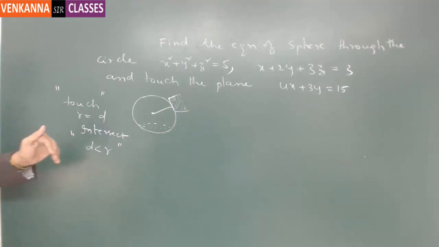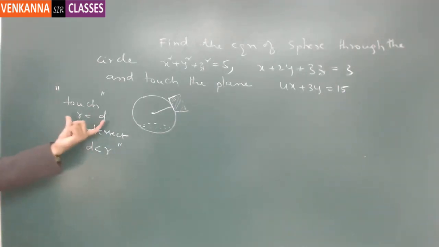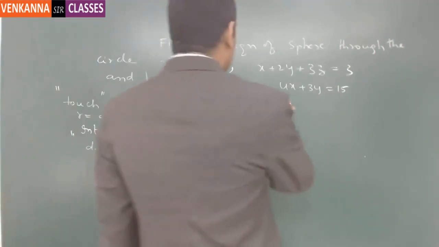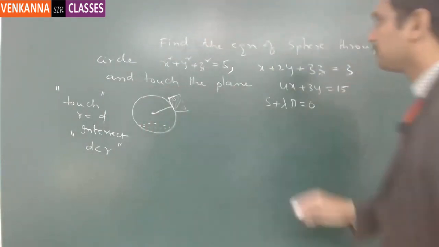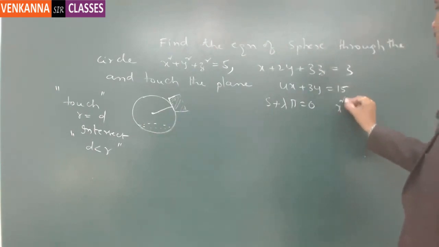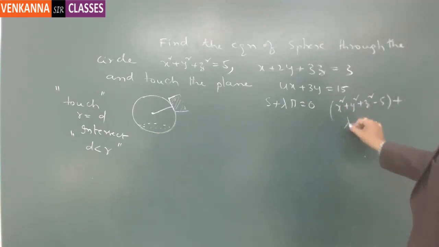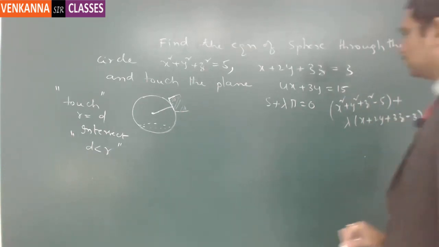So as usual, the procedure is very common. To evaluate lambda, we check this condition. But the formula is the same. So let us use the formula S plus lambda pi equal to 0, which is x square plus y square plus z square minus 5 plus lambda into x plus 2y plus 3z minus 3 equal to 0.